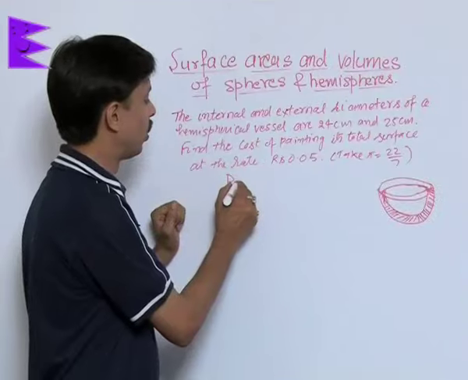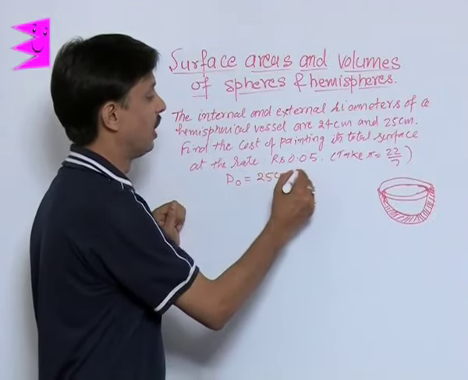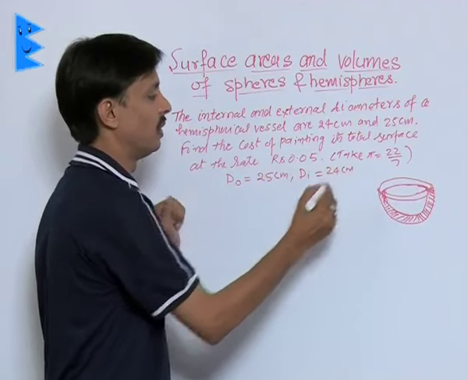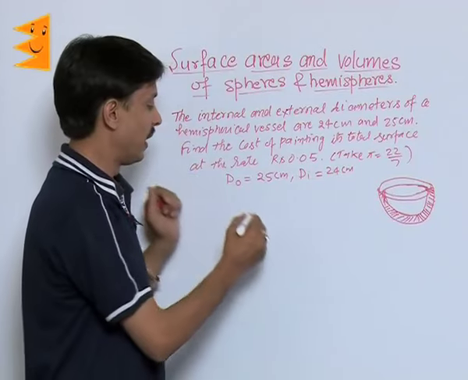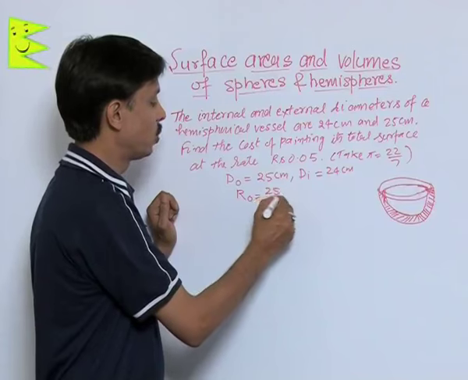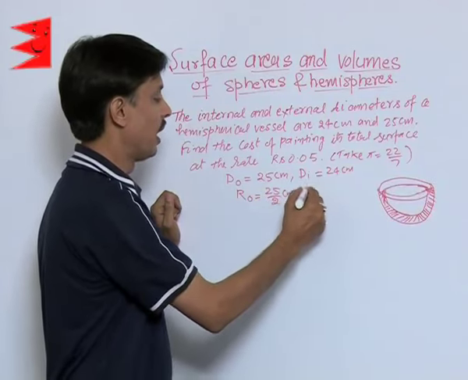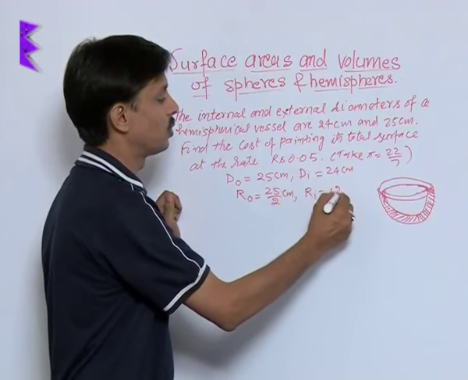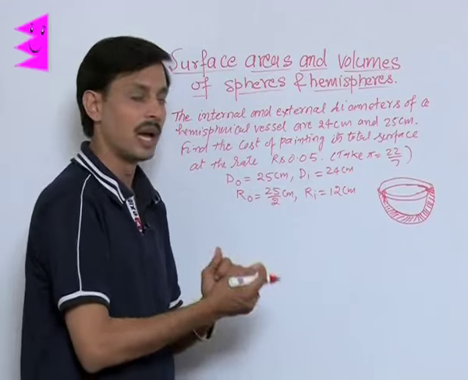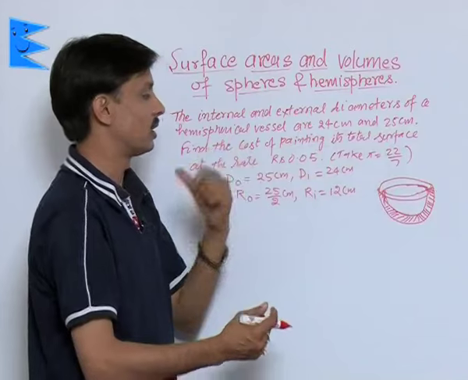The external diameter is 25 centimeter and the internal diameter is 24 centimeter. So I can say the radius of the outer part is 25 by 2 centimeter, the external one, and the internal radius is 12 centimeter. Radius is half of the diameter. Find the cost of painting its total surface.